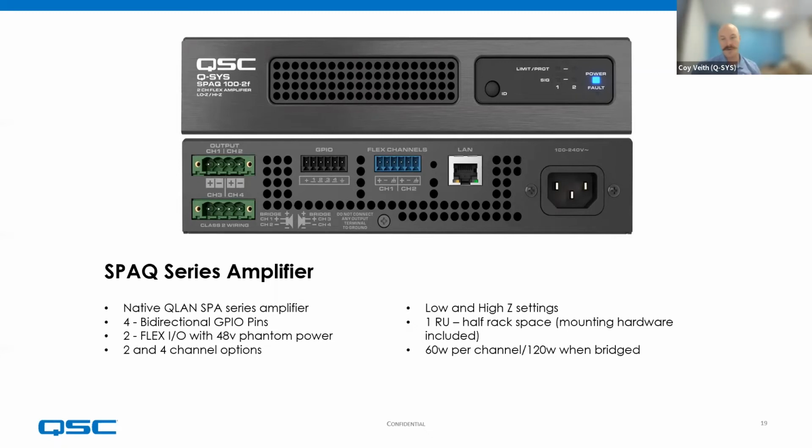A very cool box when you're marrying this up with a Nano that doesn't have any analog I/O. Now you've got the ability to send your audio from the Nano to a power amplifier, and you also have those flex channels that can be inputs or outputs for your system. So you could bring in a computer, a codec, whatever it is, and those could be used for in or out.